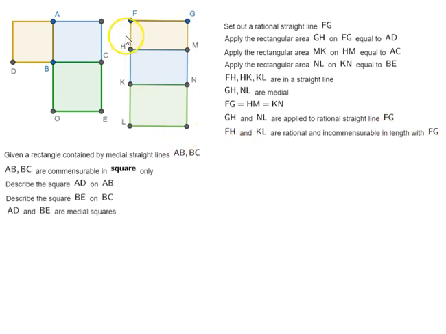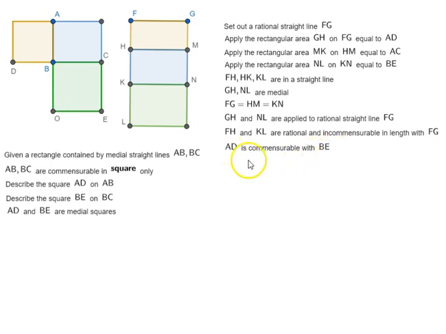FH and KL are rational and incommensurable in length with FG, because remember AB and BC are commensurable in square only, and these are equal to these squares. So in length they are incommensurable. AD is commensurable to BE.